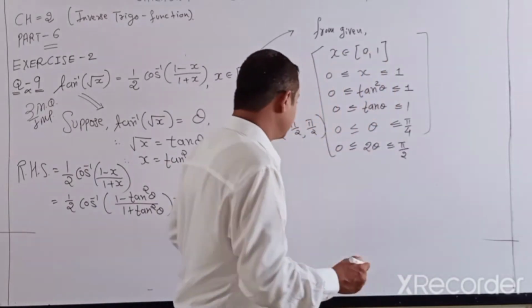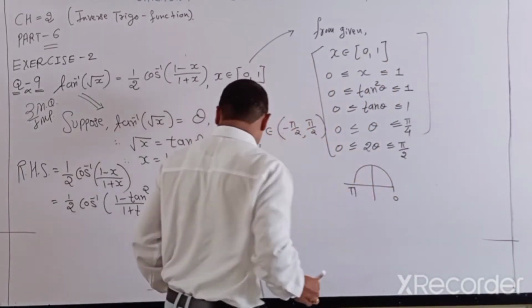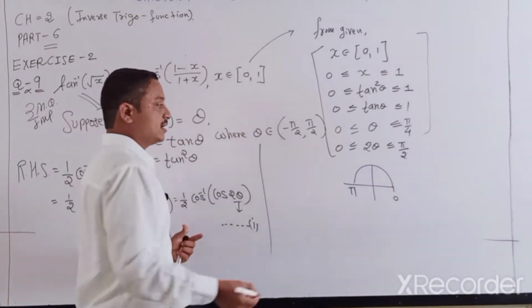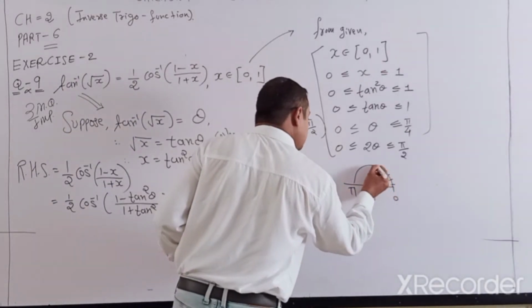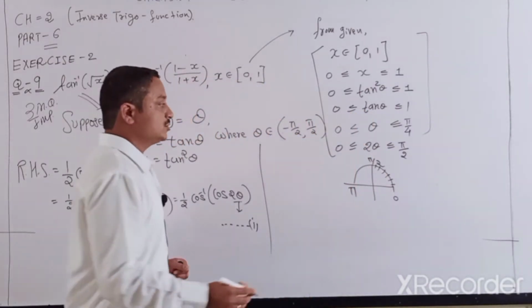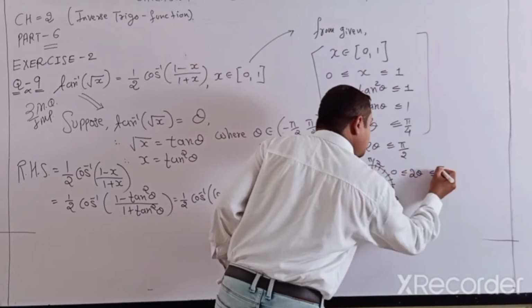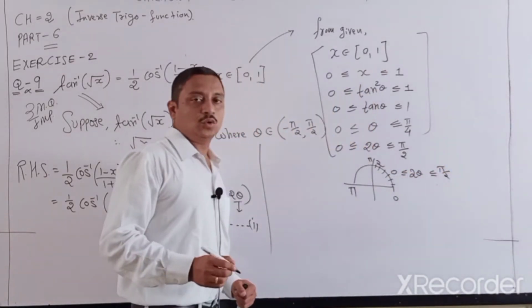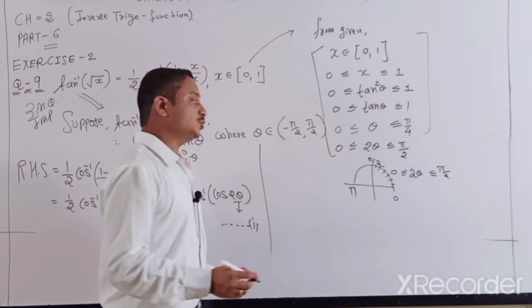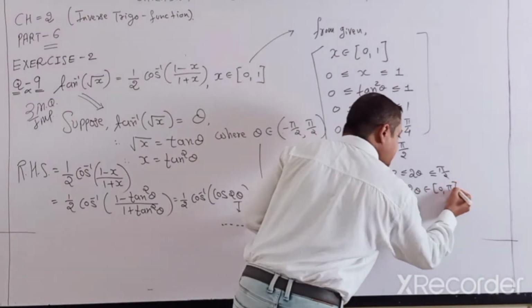What is the cos inverse range? 0 to pi. But my range is 0 to pi by 2. Indirectly 2 theta belongs to 0 to pi by 2, which also belongs to 0 to pi.